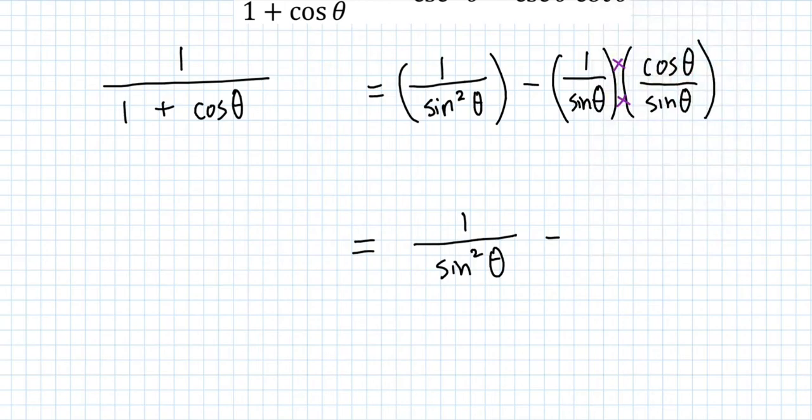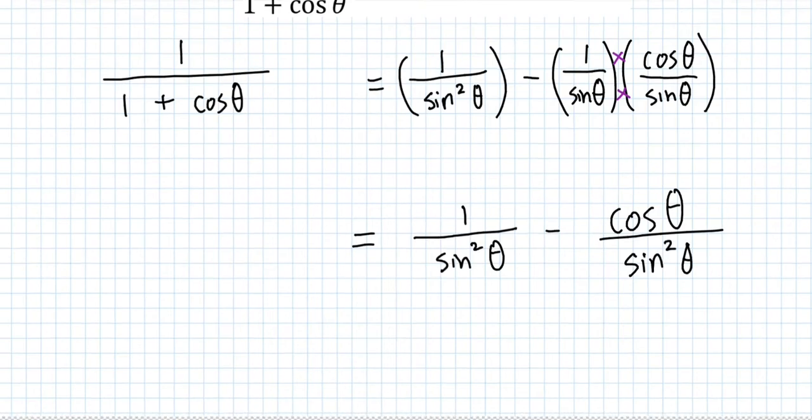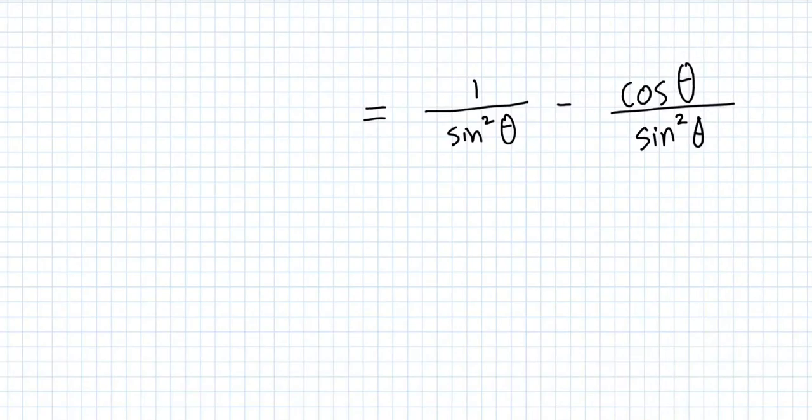So 1 multiplied by cos theta equals cos theta. And the denominators multiplied by each other gives us sine squared theta. Very good. The left side we're not touching still.